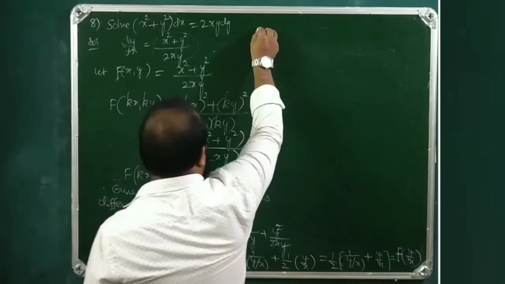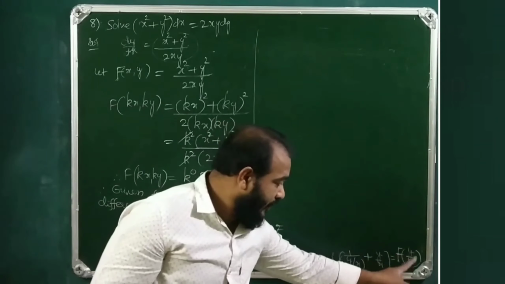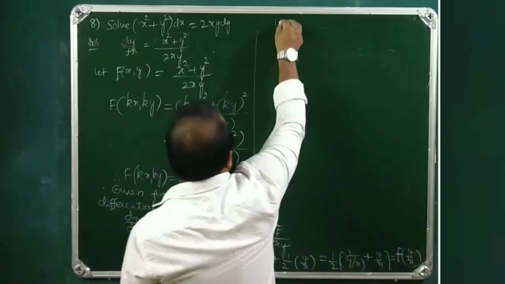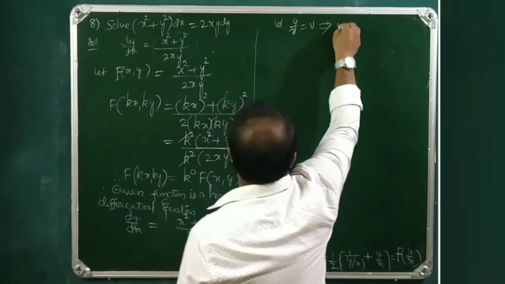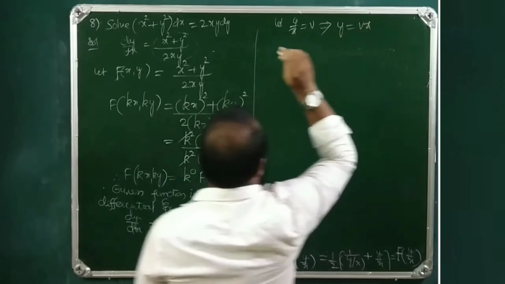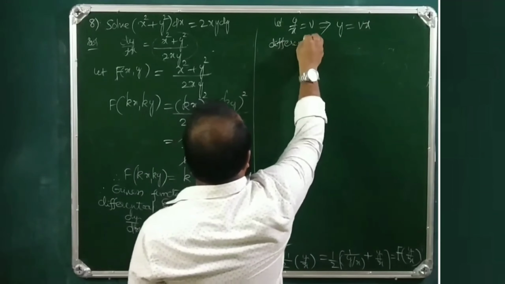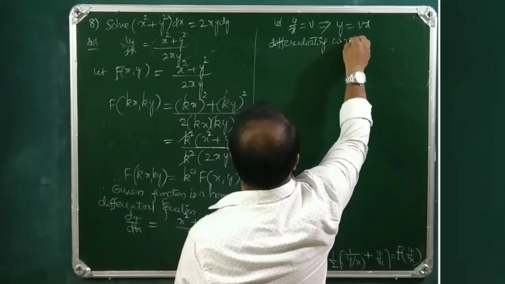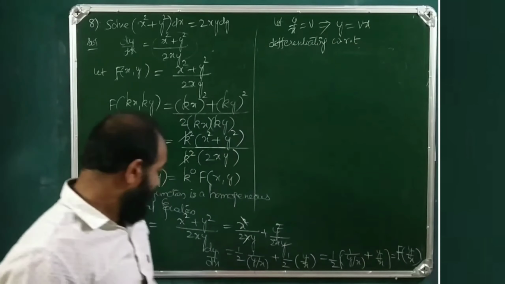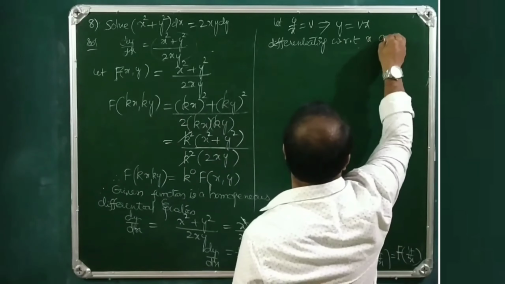Now, what do we have to do? Since this is y by x, let us take y by x equal to v. From this, y is equal to vx. Now, differentiating with respect to x, the independent variable, on both sides.